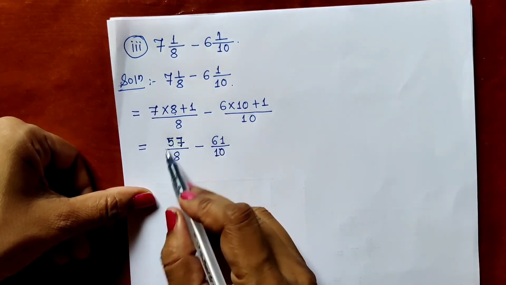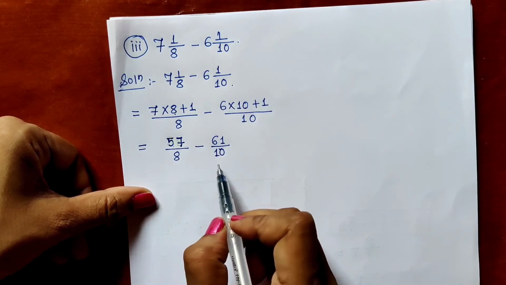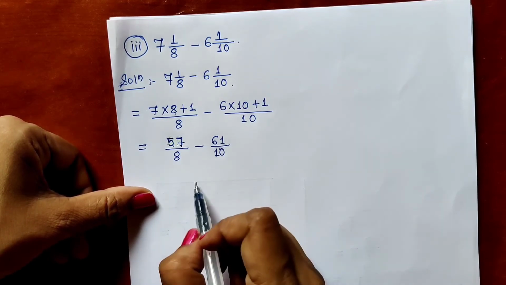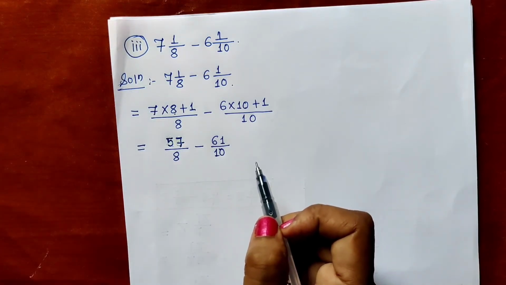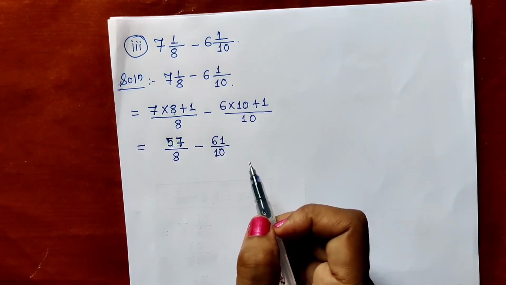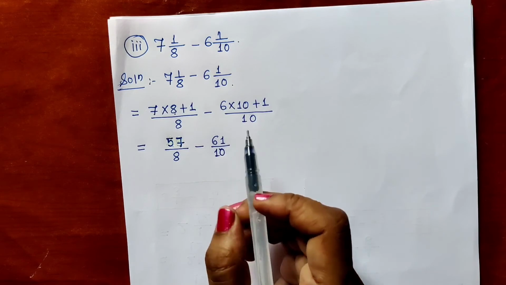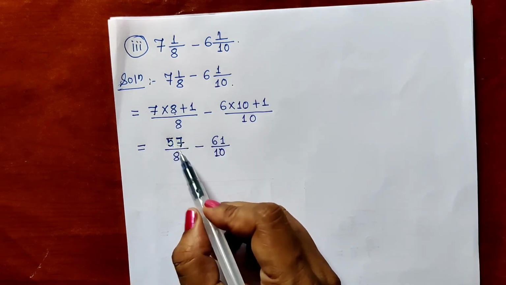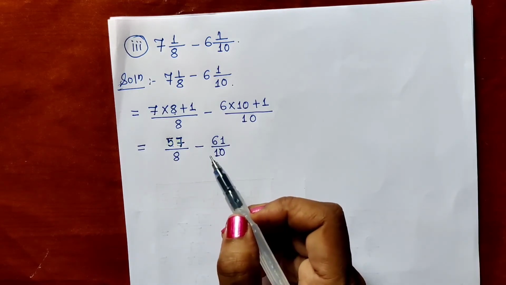Now, two improper fractions we have got. There is subtraction. We cannot subtract directly because denominators are not equal. Now see children, these two numbers 8 and 10 are even numbers also. And it is not always necessary that we have to multiply the first fraction by the denominator of the second and the second fraction by the denominator of the first.